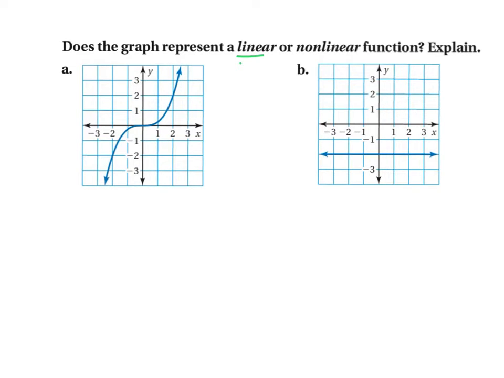Okay, the key thing here is linear means line. So looking at A, is that a straight line? Not at all. So this function would be non-linear. Okay, what about for B? Is that a straight line? Yeah, it's a very straight line going across on -2. So this would be a linear function.